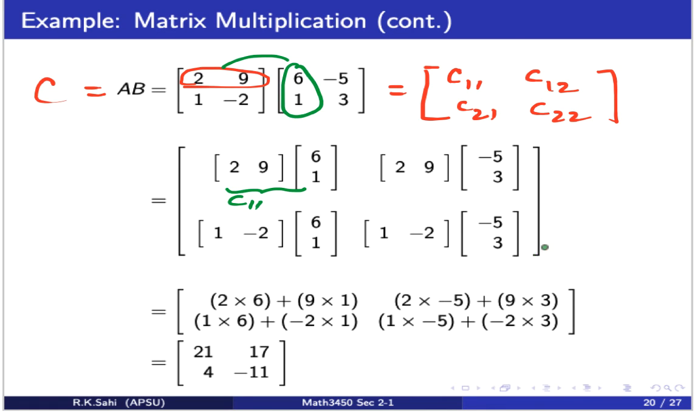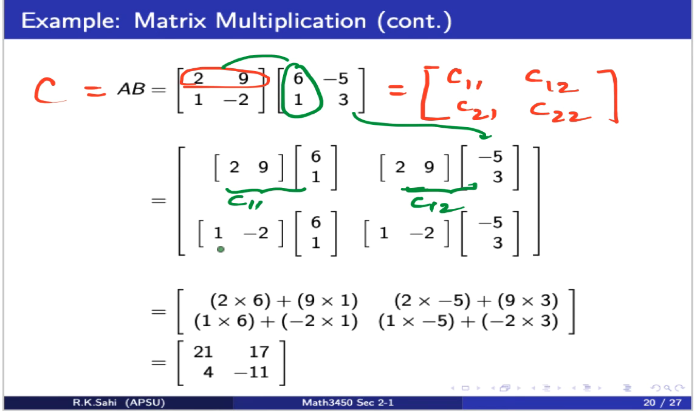Okay, let's look at C12. Now the double subscript, the very first one, 1, represents you're getting the element from the first row of the first matrix. So you're having 2, 9 here. But 2 in the double subscript represents the second column of the second matrix. So this is 5 and minus 3.